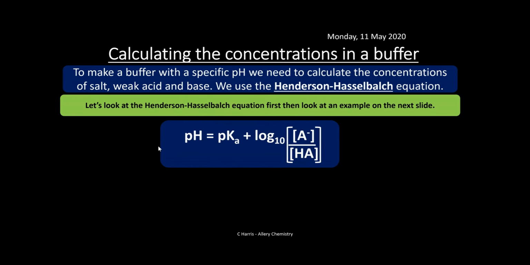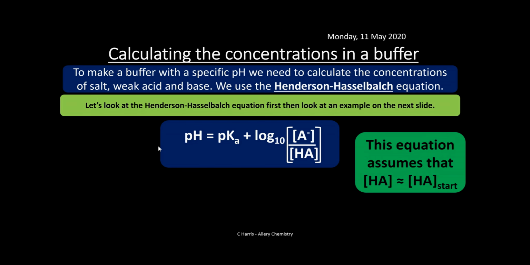So this is the equation that he came up with. Don't be frightened, okay? You'll see how it fits later. It's fairly straightforward, so it's not too bad. So you can see here that we've got pH equals pKa plus log to the base 10, and then we've got A minus and HA. So this is the concentration of our salt, remember from the previous slide to do with buffers, and this is the concentration of our acid. And this equation assumes that the concentration of the acid is equal to the concentration of the acid at the start of the reaction.